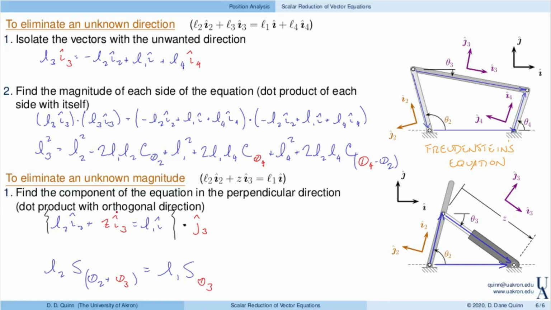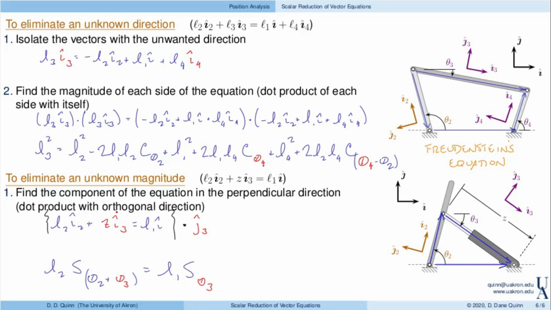And again, a single equation in terms of the unknown that we're interested in, because we eliminated the unknown that we weren't interested in. So again, these two steps can really be used to simplify loop closure equations. And the focus is on getting rid of the things that you don't want. Admittedly, at this point you actually have to go and solve these equations. But this is a nice way of coming up with equations that are much easier to solve than the two simultaneous equations and two unknowns, for example, that we saw earlier.